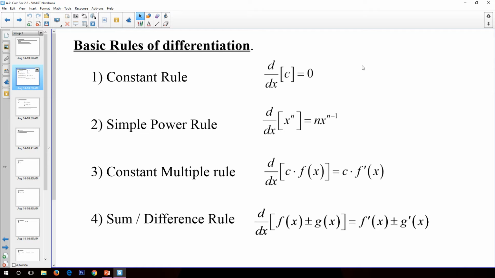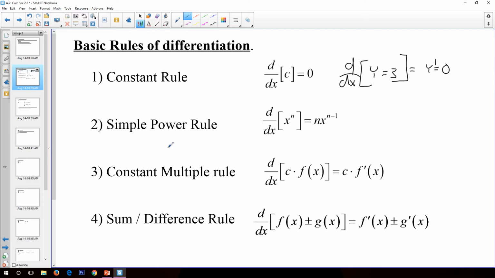So for instance, if you get y equaling 3, and I say we're going to take the derivative of that with respect to x, that is just going to be y prime equaling 0. So that's our first derivative of any constant.